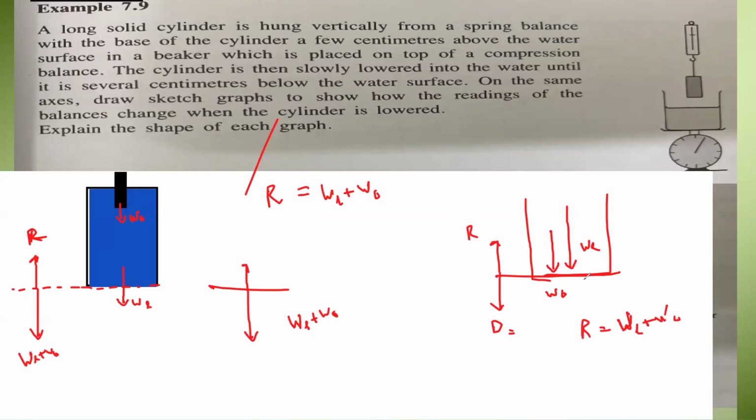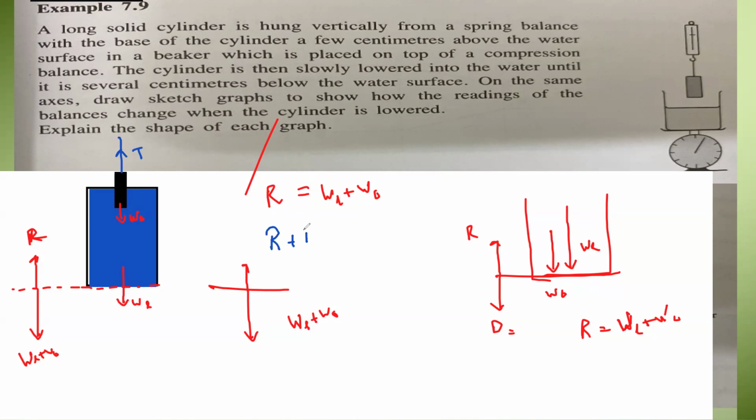This is a scenario when the object was not attached with a string, like the object was floating. But if there is an object which is hung by a spring or a string, there is another upward force, tension. If I want to write the statement now, when there's a tension, what should be the equation?